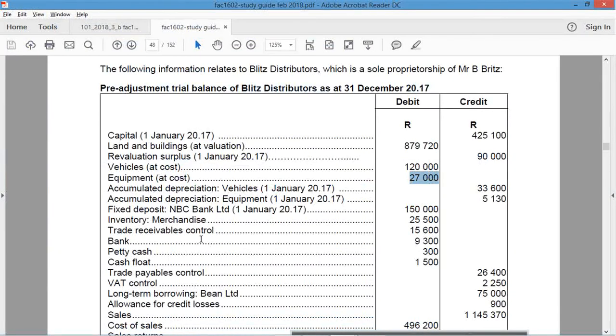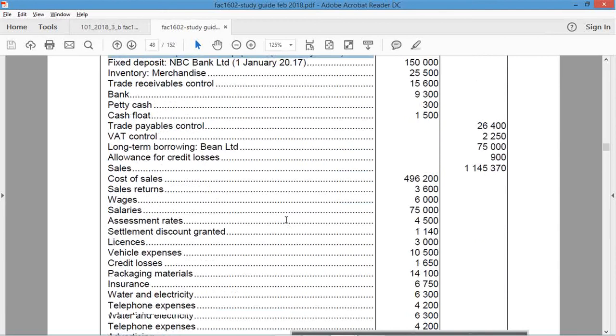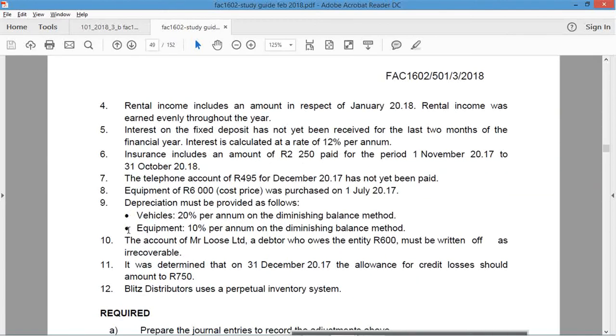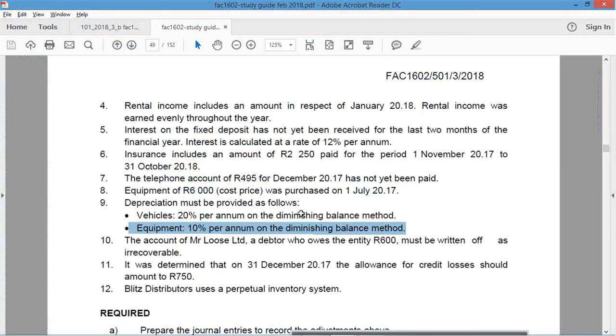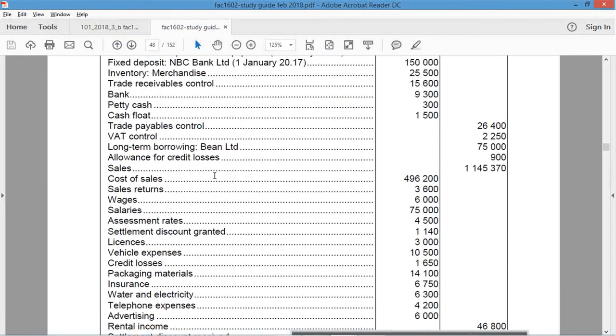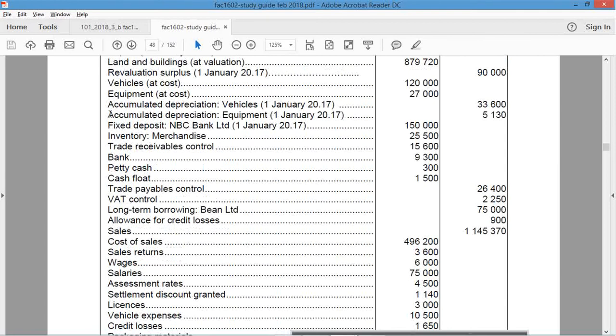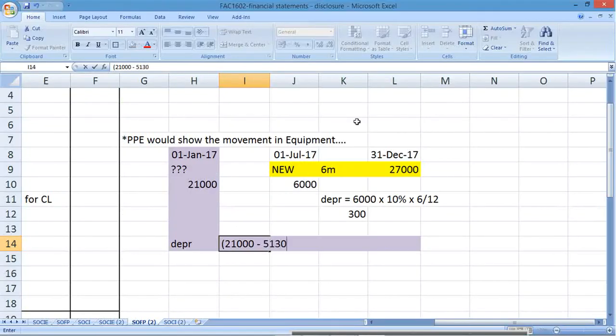Right, so depreciation, does this have to use the accumulated depreciation? Yes. Why? Diminishing balance. Exactly. So diminishing balance would be what I had at the beginning of the year, which was 21,000, less the accumulated depreciation at the beginning of the year, which was how much? Where's equipment? There it is. 5,130.